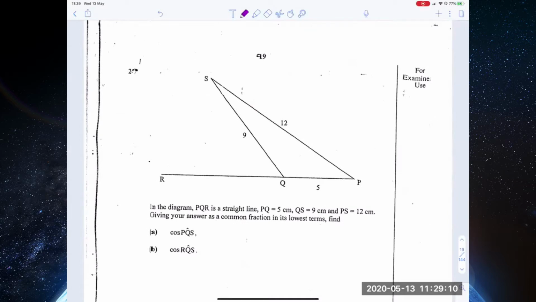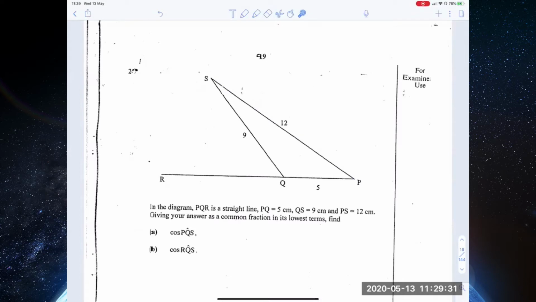which is in the diagram, PQR, which is a straight line. PQ is 5, QS is 9, and PS is 12.